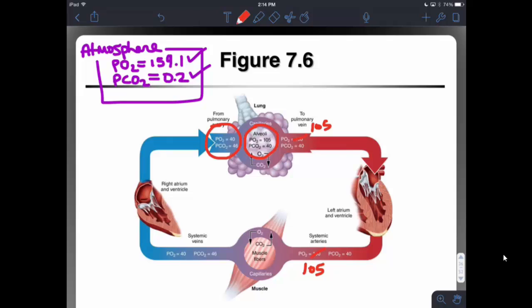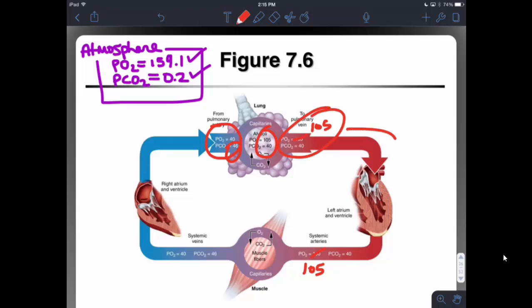Okay? And so you can see that this is going to favor oxygen moving into the blood because the PO2 is higher in the alveoli, and it's going to favor CO2 moving out of the blood into the alveoli because the PCO2 is higher here in this venous blood than it was in the alveoli. It's all going to equilibrate with what's in the alveoli, which is 105 and 40.